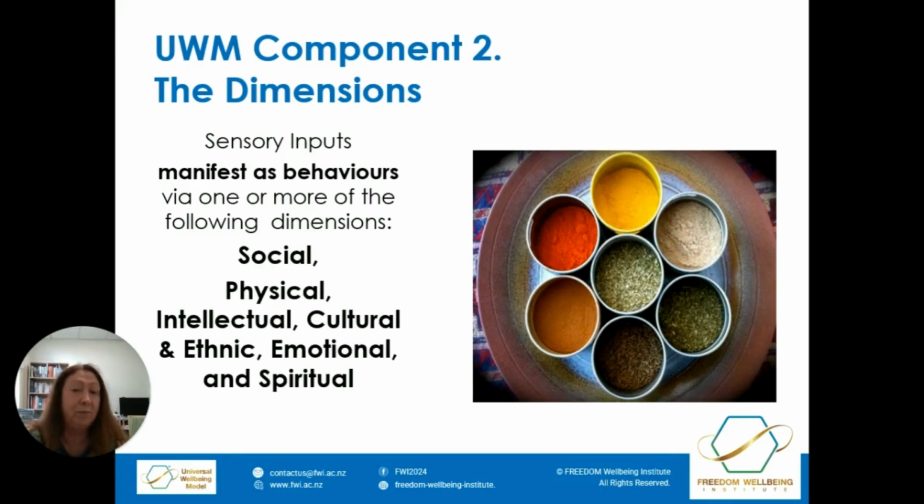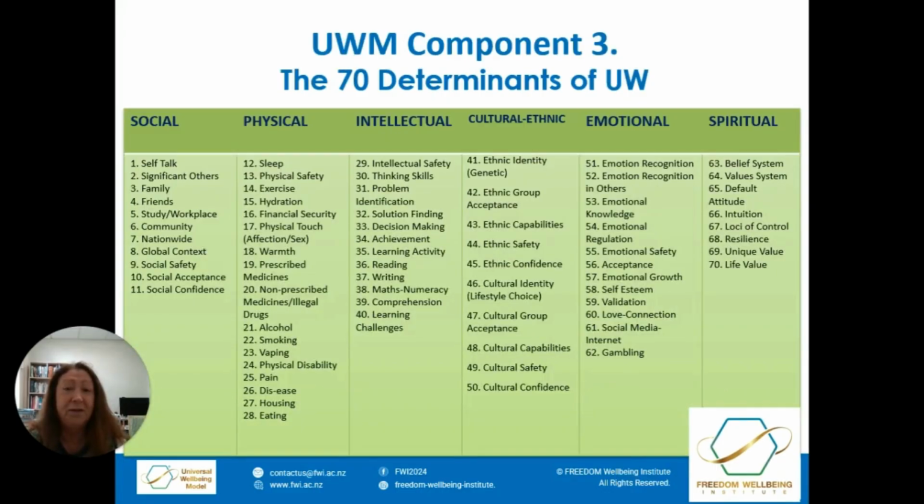Now, during our program of research, we identified behaviours that could have these impacts on our universal well-being. So this table shows us what we call the 70 determinants of universal well-being.